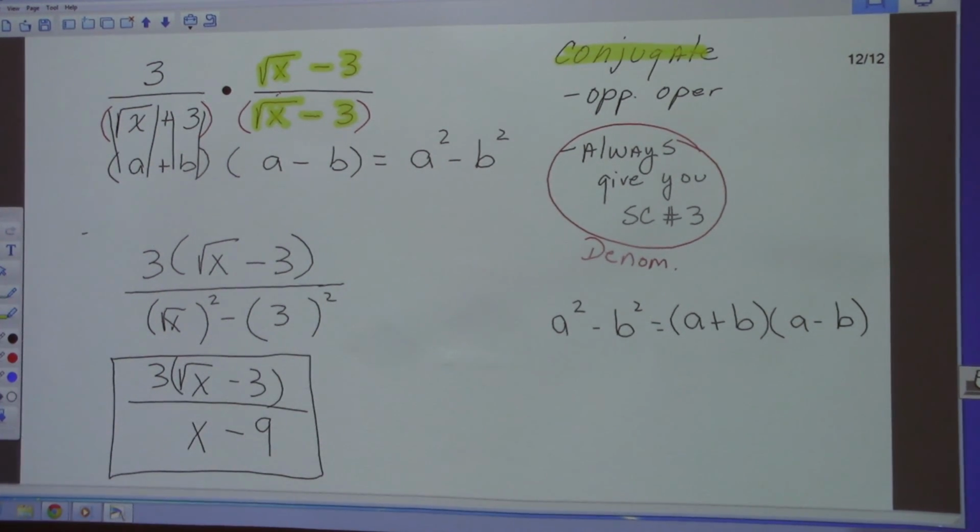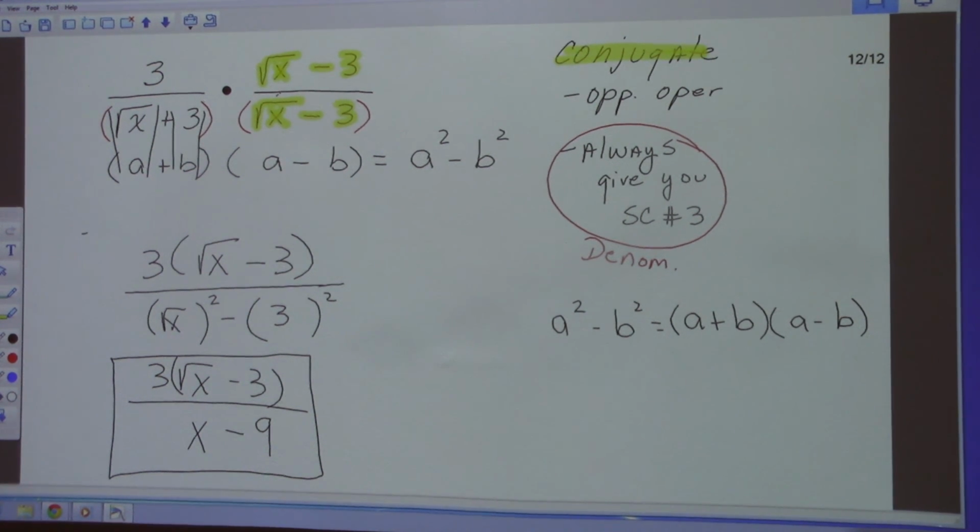That's your answer. Conjugate, conjugate, conjugate. Conjugate will always give you shortcut number 3. And if you know how to use shortcut number 3, it will pretty much do away with the radical.